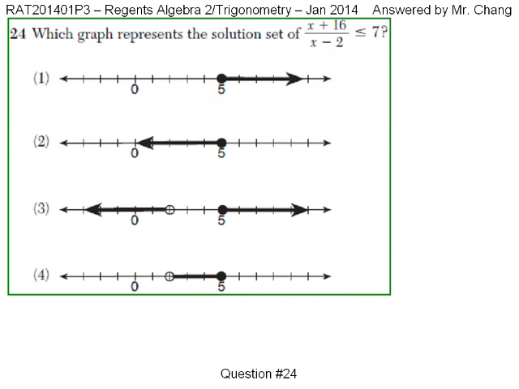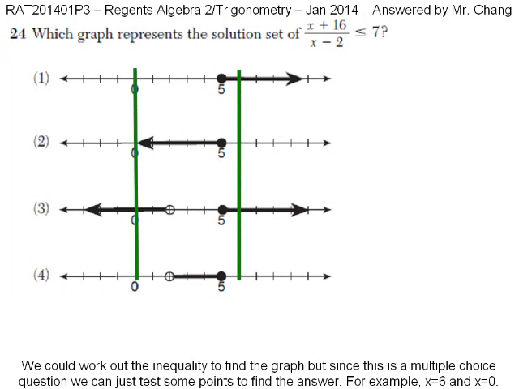Question number 24. We could work out the inequality to find the graph, but since this is a multiple choice question, we can just test some points to find the answer. For example, x equal to 6 and x equal to 0.